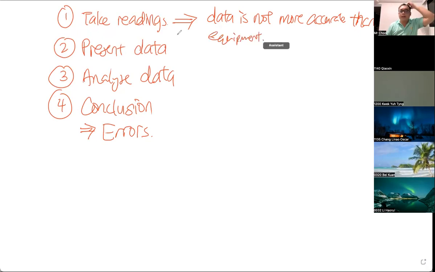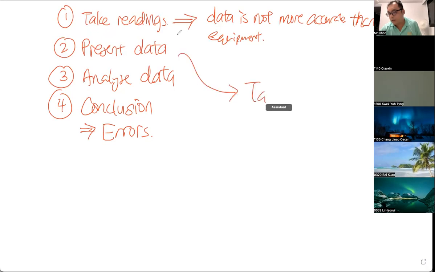When you present your data, usually it's in a table. In your table, then you draw your graph. As you can see, a lot of physics practical, you don't need to know your theory. They will not ask you theory questions. It's about testing whether you know the process.